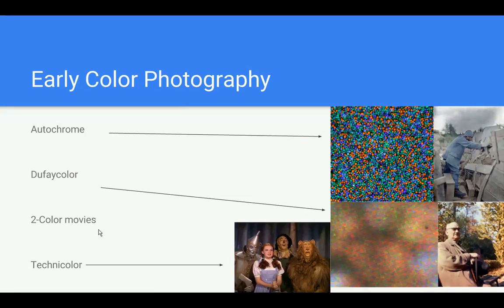What they discovered sometime in the early 1900s was that during development, during the positive reversal of reversal development, the developer would become oxidized wherever it was reducing the exposed silver halide into silver and the halide. When it became oxidized, they realized that if you mixed certain chemicals with the developer, they would hook onto that oxidized developer and create a dye.